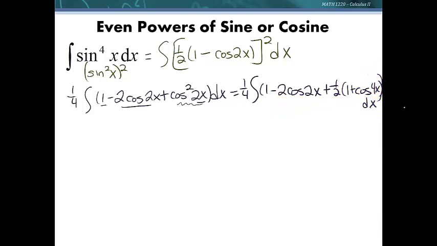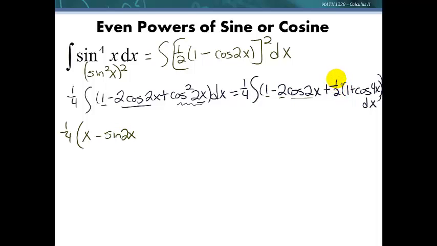Now these are all things that I could integrate, so I'm going to do that. We've got our 1/4 out in front, and integrate here and we get x, integrate here and we get minus sine 2x, because this 2 will be generated when we do the chain rule here.